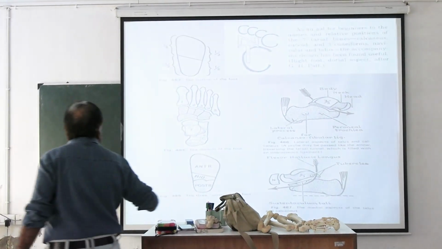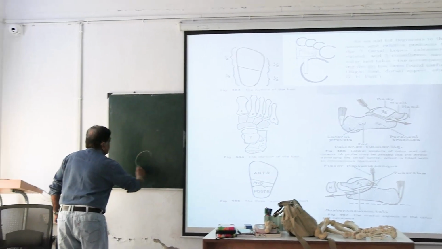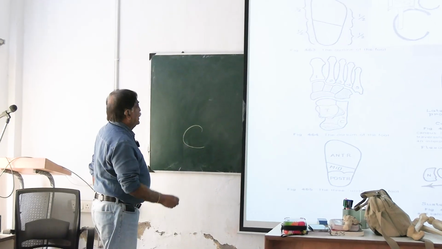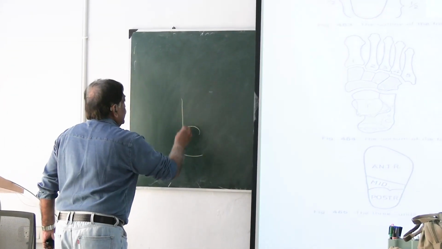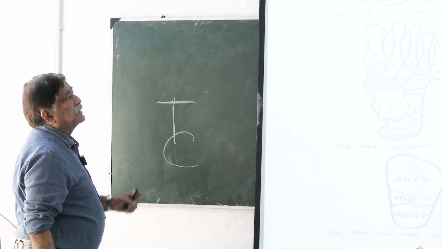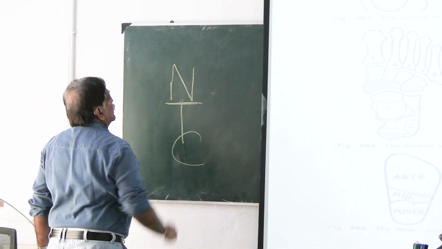Okay. Now, you draw a C for calcaneum, and you draw a T, that is the talus, and this is the navicular.